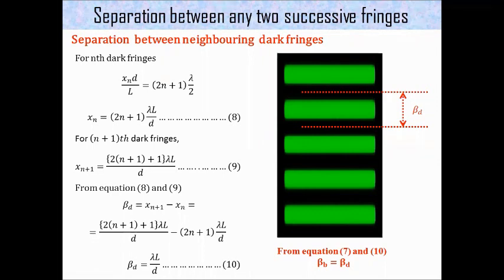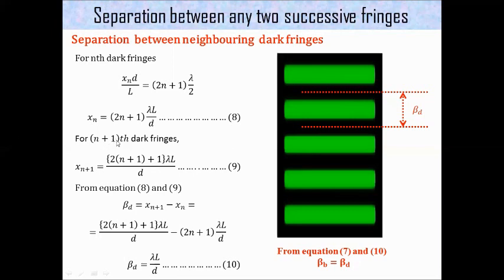Therefore, one can write for the nth dark fringe, the path difference xn d divided by L equal to 2n plus 1 times lambda divided by 2, where 2n plus 1 is an odd integer. Rearranging this equation, we can write xn equal to 2n plus 1 times lambda L divided by D. So this is equation 8.